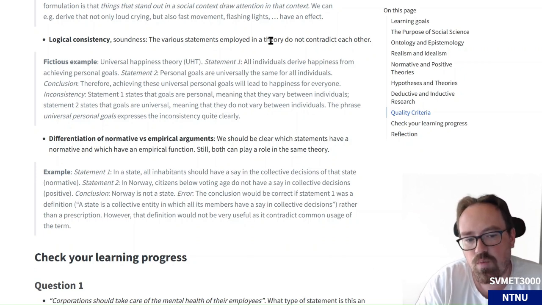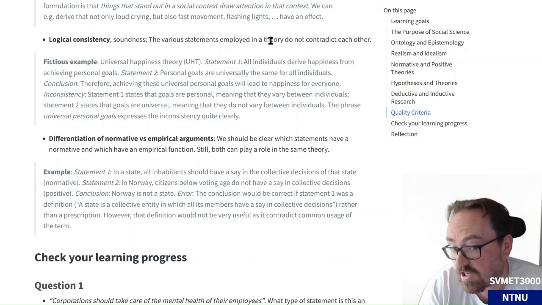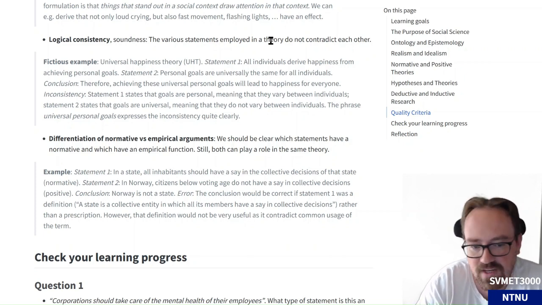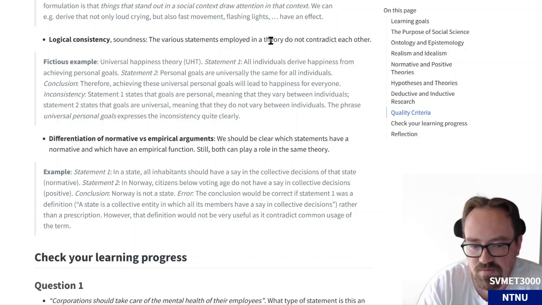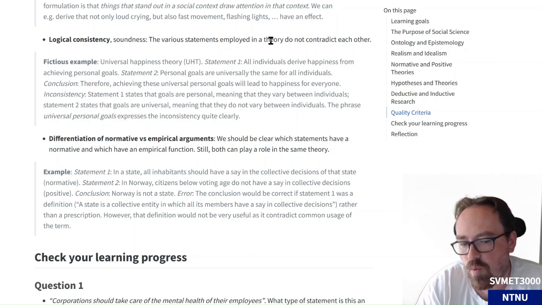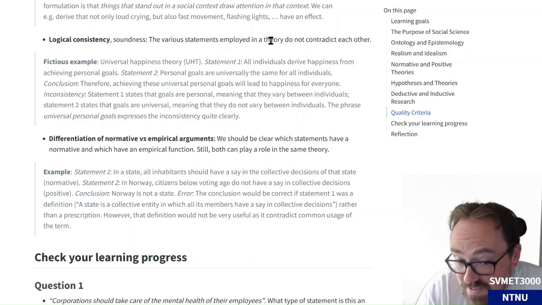It might become clearer with an example. Statement 1 would be that in a state, all inhabitants should have a say in the collective decisions of that state. That's clearly a normative statement. Statement 2 would be, in Norway, citizens below voting age do not have a say in collective decisions. That would be a positive statement. And from that, we would conclude that Norway is not a state. But of course, Norway is a state.